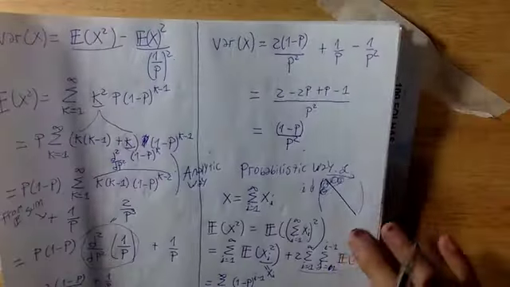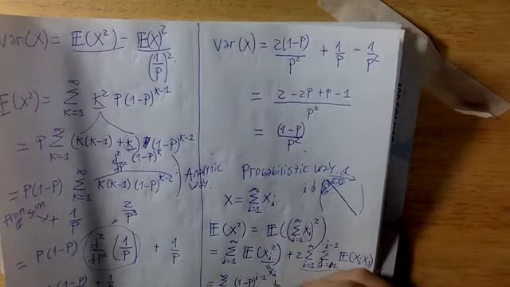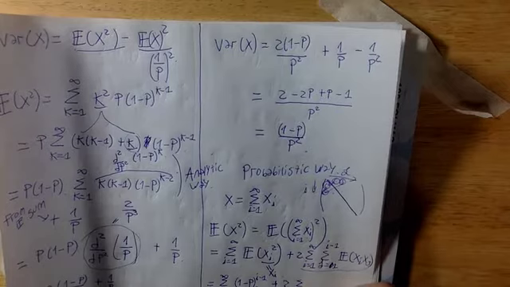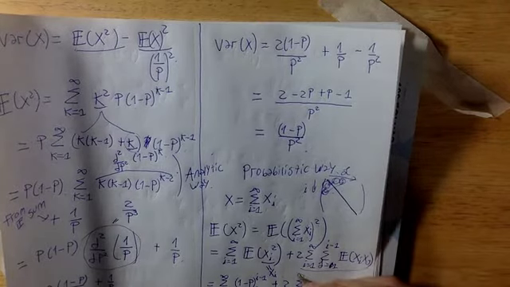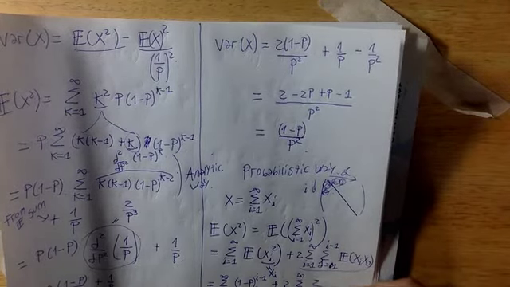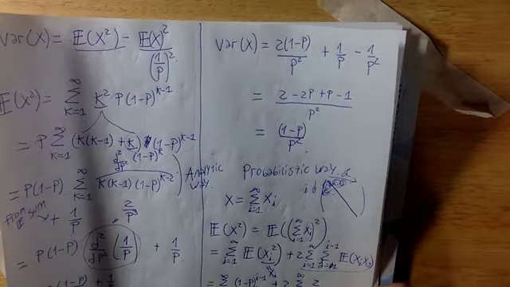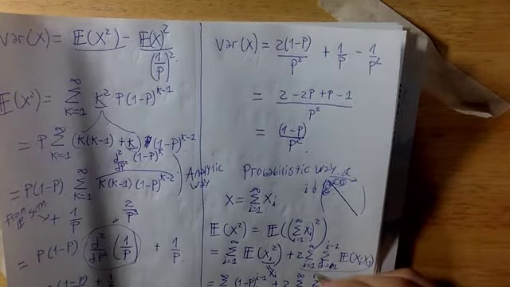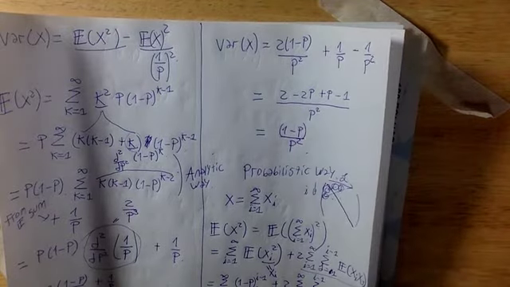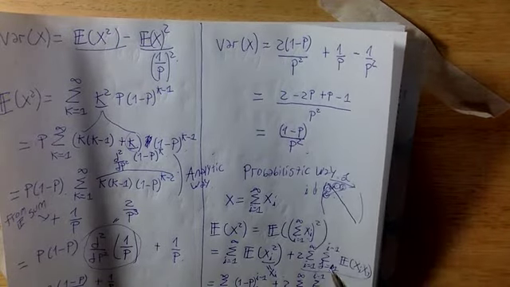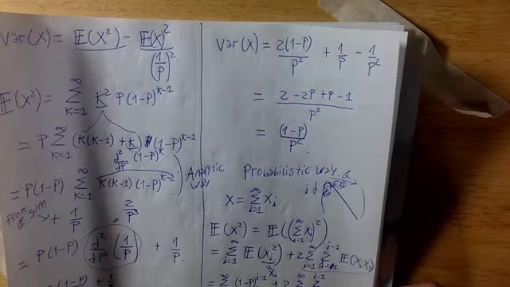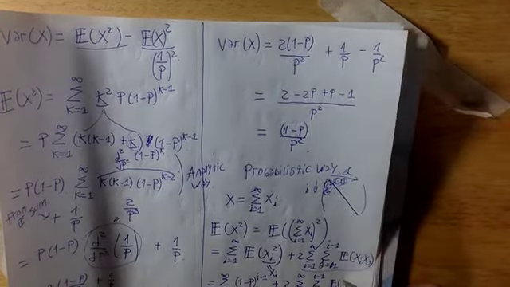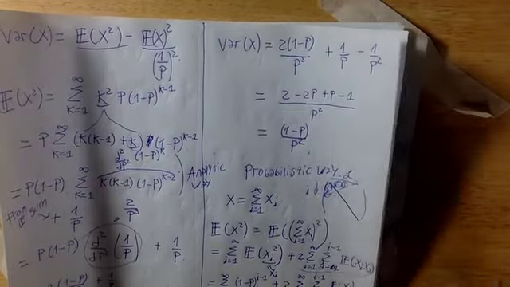So here what we would have is plus 2 times the sum from i equals 1 up to infinity of the sum from j equals 1 up to i minus 1 of the expectation of xi.